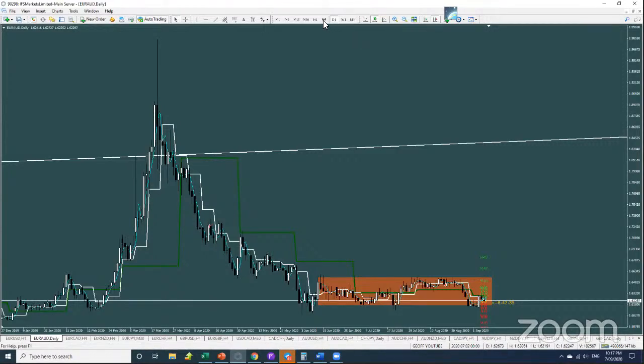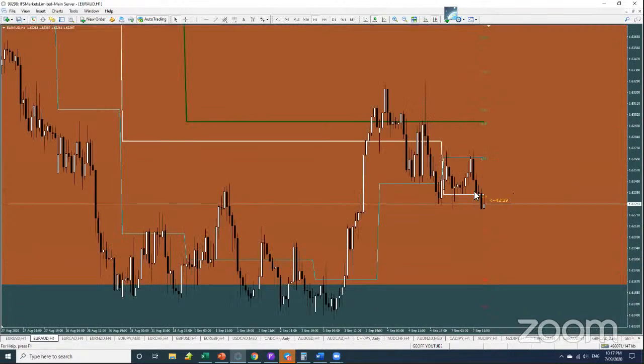So I'm looking for it to bounce off the pivots and give me a higher low in here somewhere based on these lows. Anytime now, I'm looking for this to bounce and go long again.